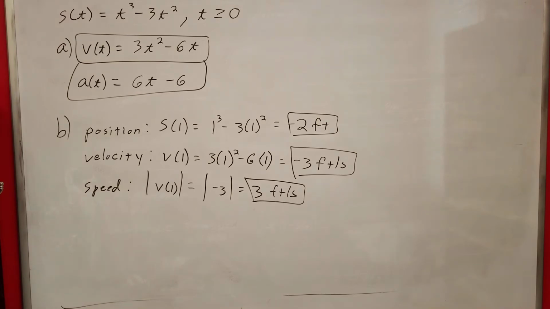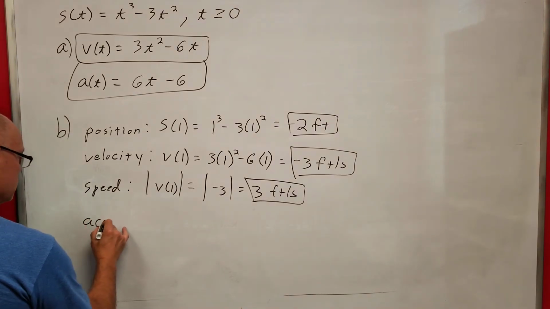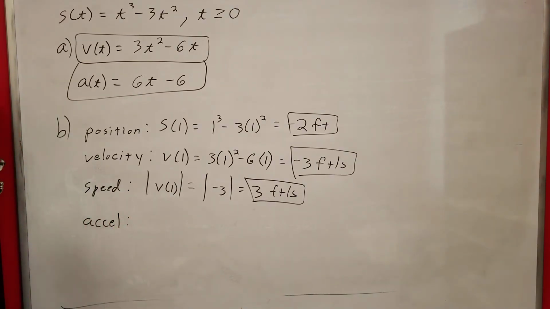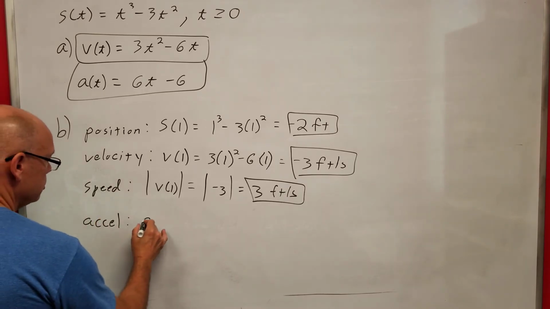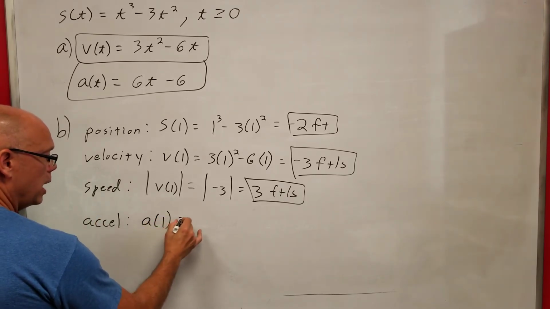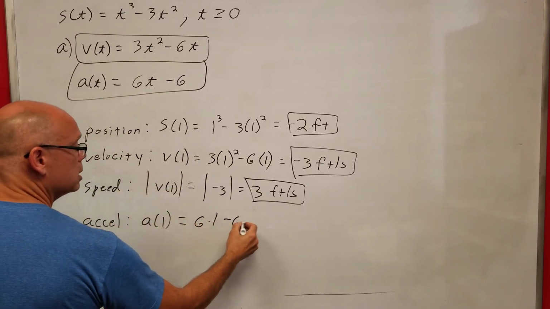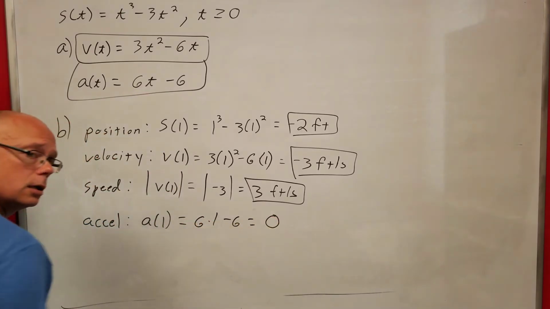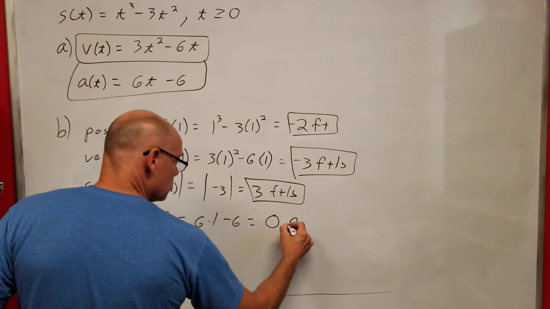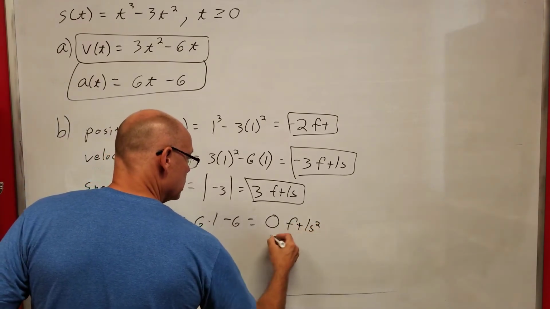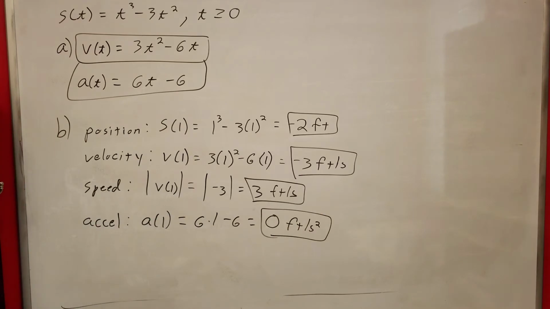And what's next? Acceleration. Acceleration at 1 second is A evaluated at 1. So that's 6 times 1 minus 6, or 0 feet per second squared. All right, that's just tedious. It's not really that hard of calculations there.